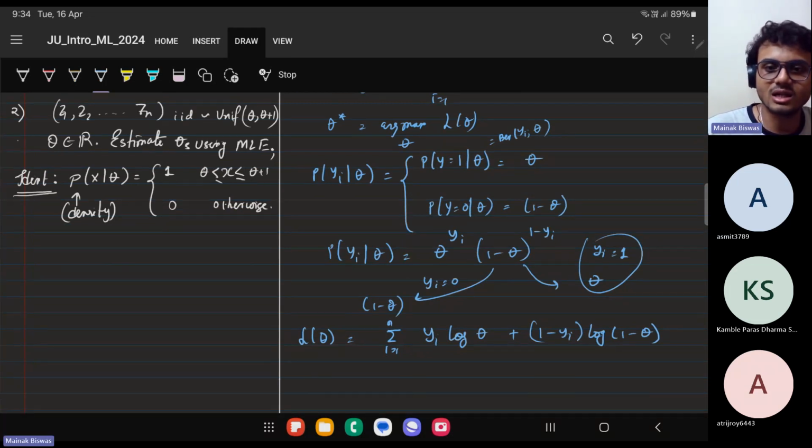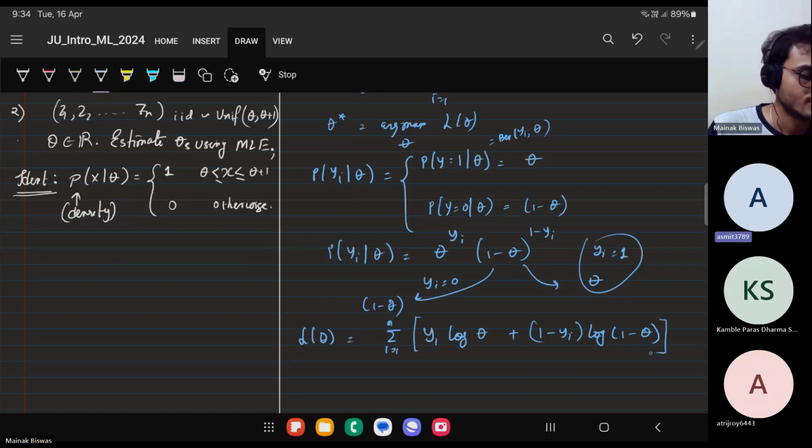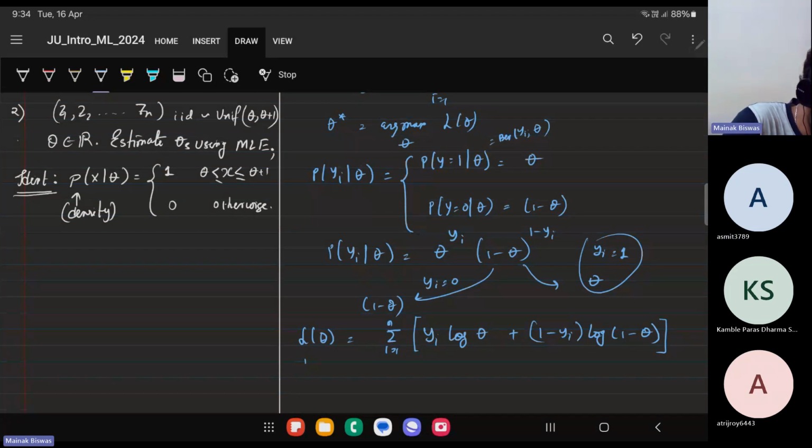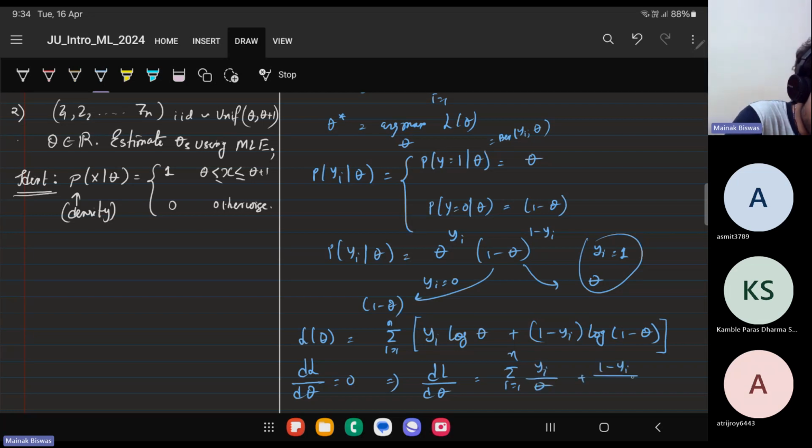Now I can estimate theta. How will I estimate? You can differentiate and then set it to 0. So dL by d theta is the summation of i equal to 1 to n of yi by theta minus 1 minus yi by 1 minus theta, right?